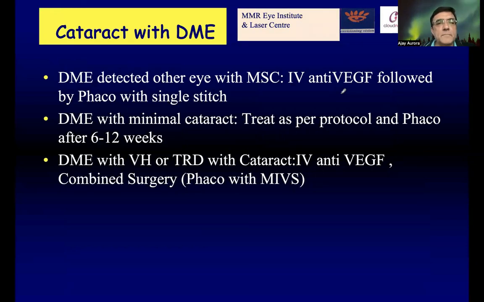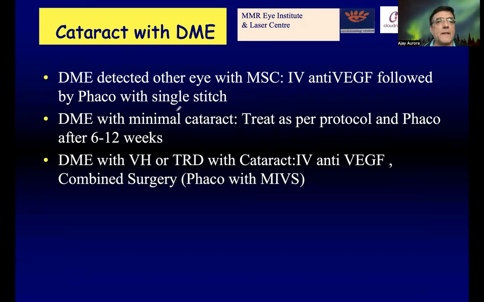So, the take-home for patients with cataract and DME: if DME is detected in the other eye with a mature senile cataract, as I said earlier, intravitreal anti-VEGF followed by phaco with a single stitch, and then you do the needful as the diabetic macular edema suggests.